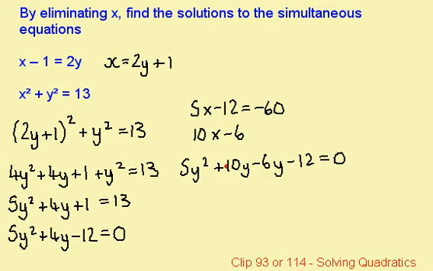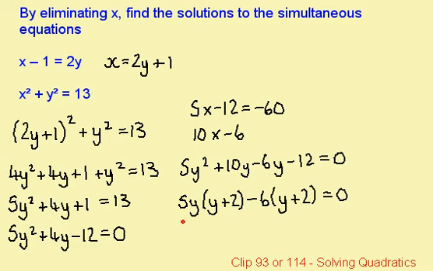I'm now going to factorise this part by taking out a factor of 5y. So I have 5y, y plus 2. I'm going to factorise this part by taking out a factor of minus 6. I've now found a common factor of y plus 2, and I have 5y minus 6.